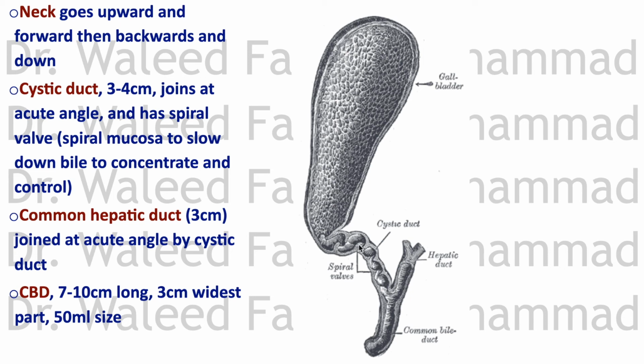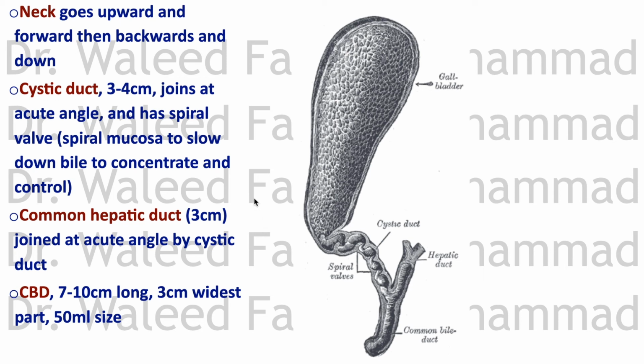Of course, a stone in the duct or in the gallbladder will occur right after meals because the gallbladder contracts due to parasympathetic stimulation after meals, and the stone will lodge inside the duct and cause the pain we call biliary colic. This is the typical biliary colic, which starts right after meals.